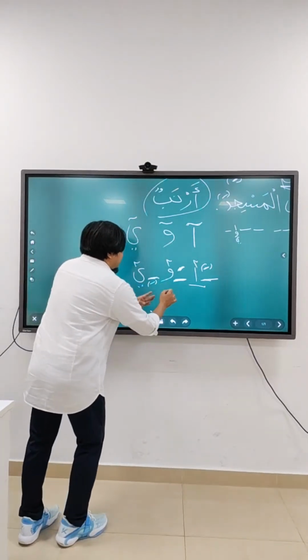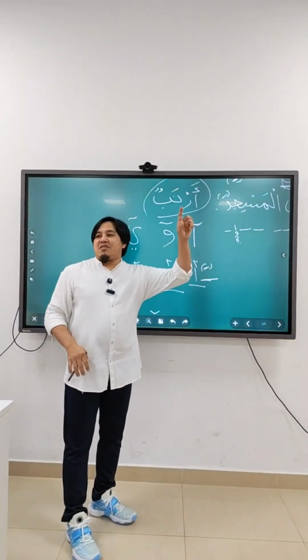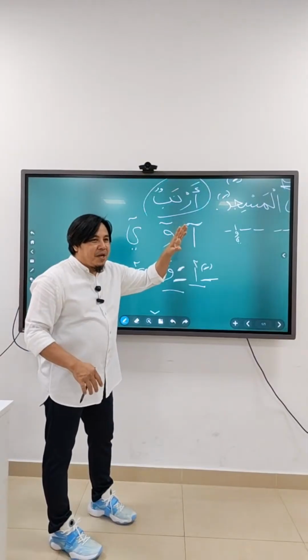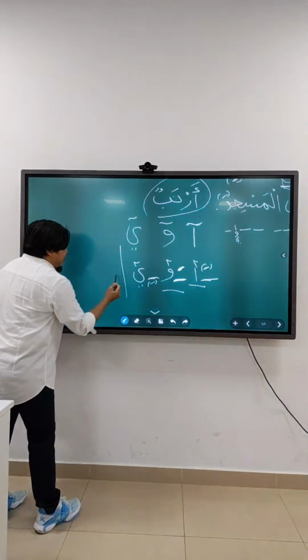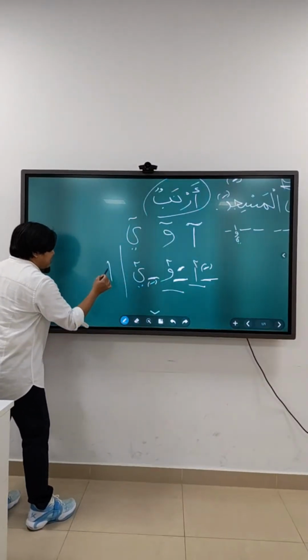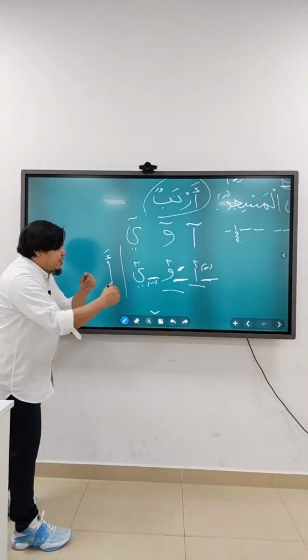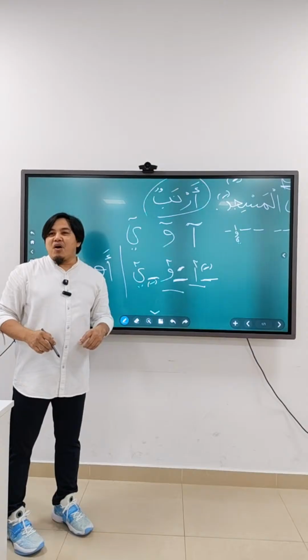In this case, this waw will no longer be a long vowel. It will transform into a consonant. For example, the consonant letter here is alif with fatha, then the next, are you thinking this waw is a prolongation waw?